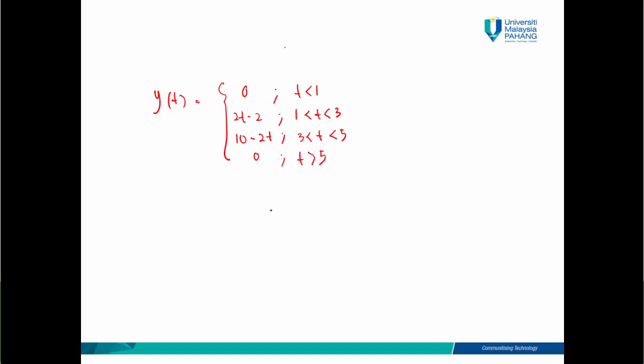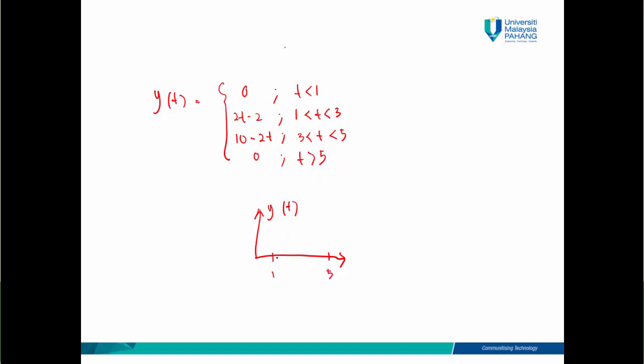Okay, so let's draw the signal of y(t). This y(t) only has a value in between 1 and 5. Less than 1 equals 0, and greater than 5 equals 0. So I have 1 here, and we have 5 here.